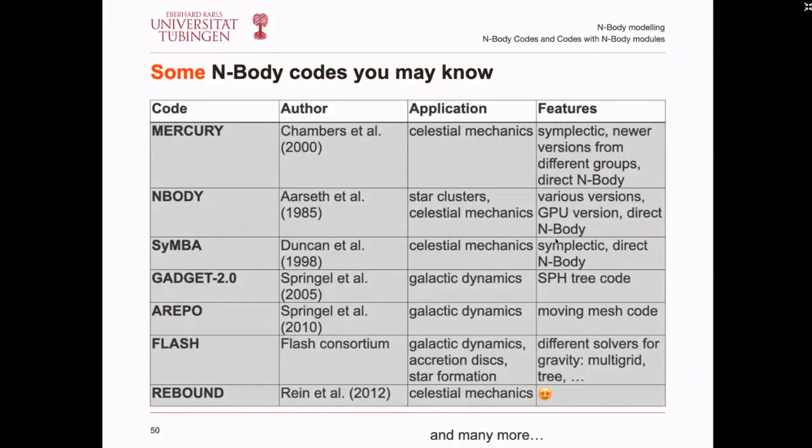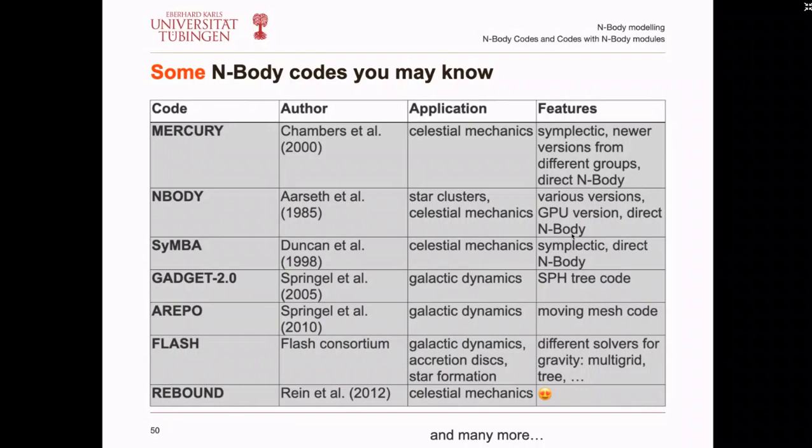It's probably the best code compared to Rebound for celestial mechanics applications. So in principle, Rebound's first implementation had the same functionality as Mercury.